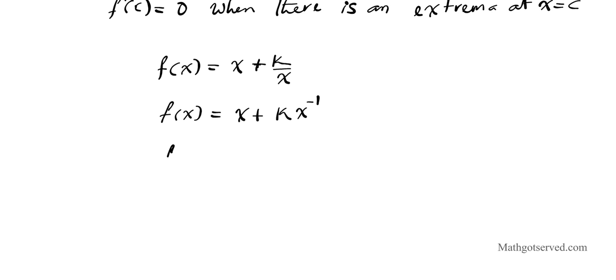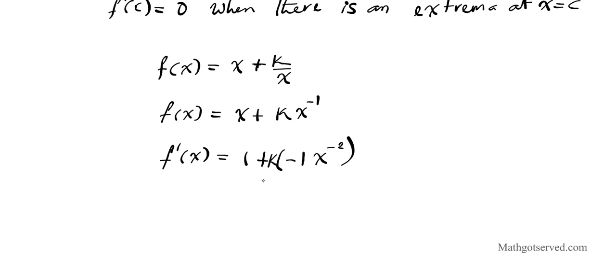So f prime of x equals the derivative of x, which is 1, plus, using the power rule here, differentiating that gives times -1. Or I should have factored out the k because that's a constant. Take out a k times -1, x to the, subtract 1 from that, -2.